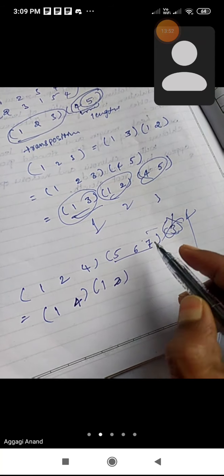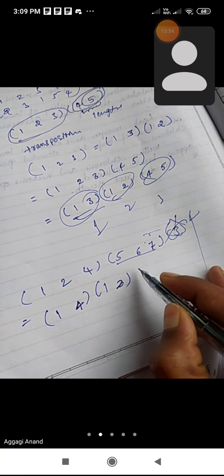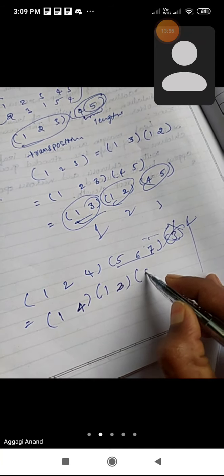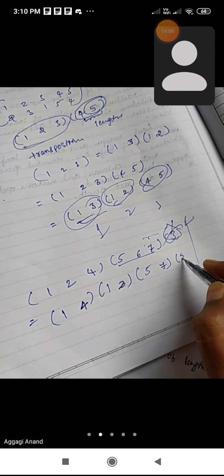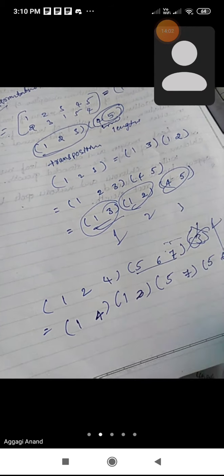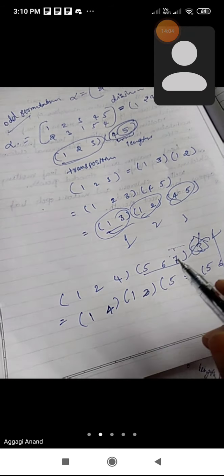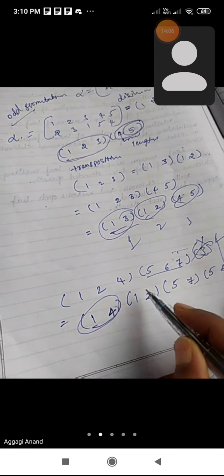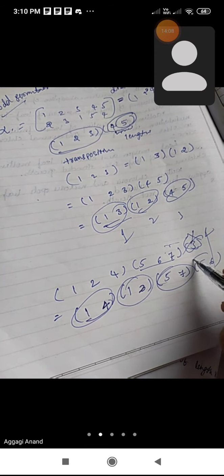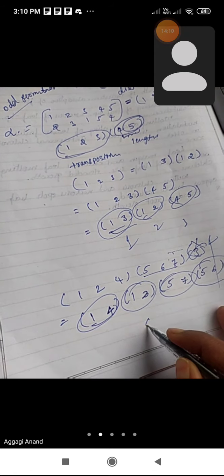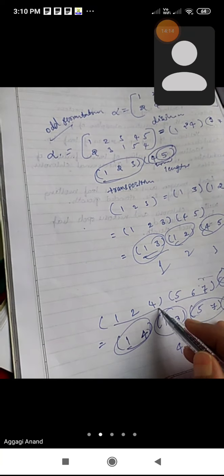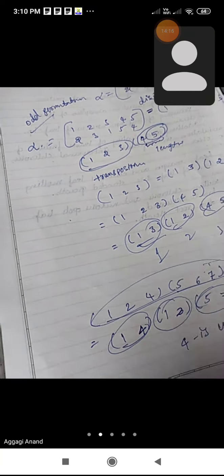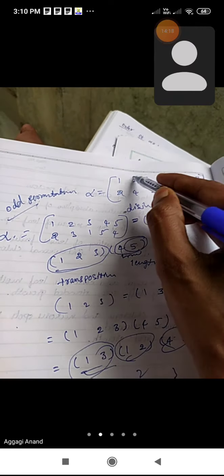Next, this is another cycle, write down the notation: (5, 6). Okay. So how many transpositions are there? 1, 2, 3 and 4. 4 is an even number. This permutation is called an even permutation.